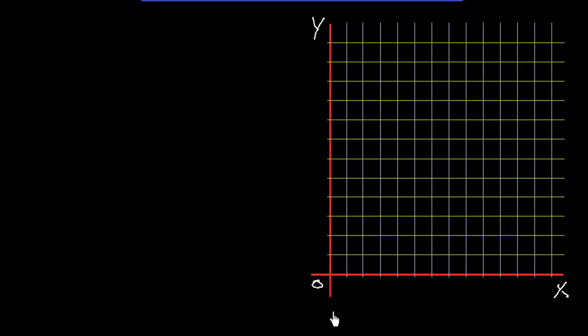I plot the integers on the x-axis: 1, 2, 3, 4, 5, 6, and so on. Here also I plot on the y-axis: 1, 2, 3, 4, 5, 6. So we have plotted the integers on both the axes.